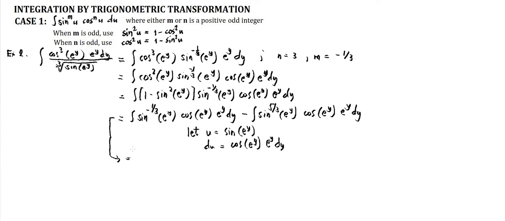So, meron tayong integral sign, and then sine of e raised to y equals u, raised to negative 1/3. Pagkatapos, yung cosine of e raised to y, e to the y dy equals du.